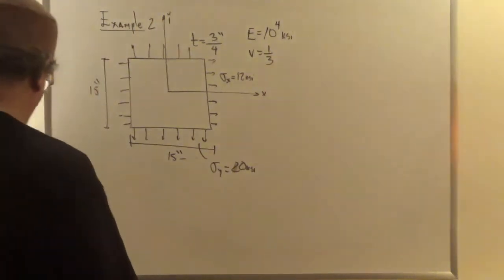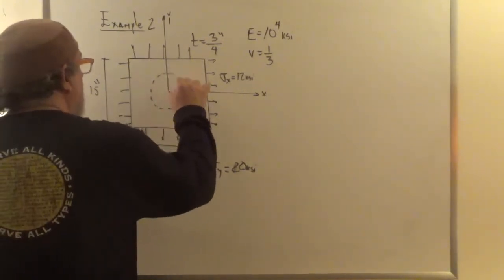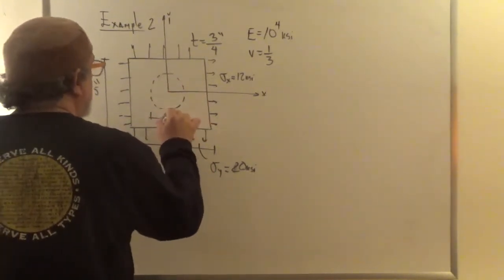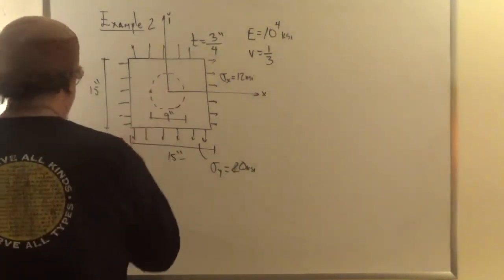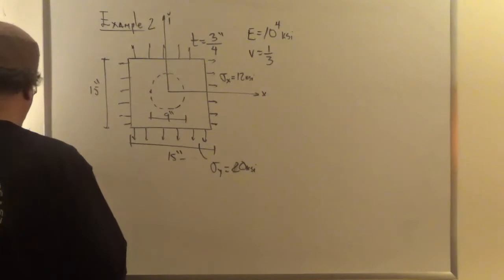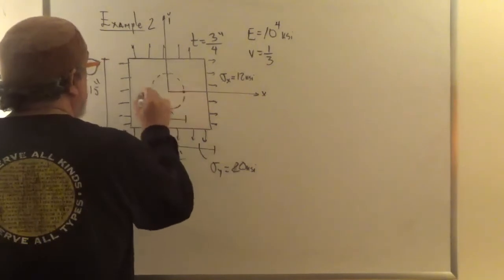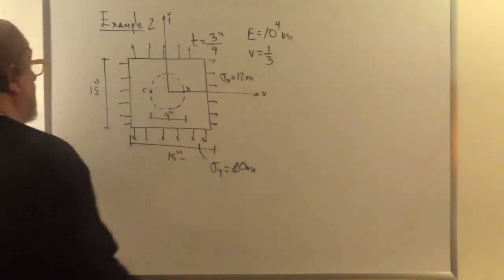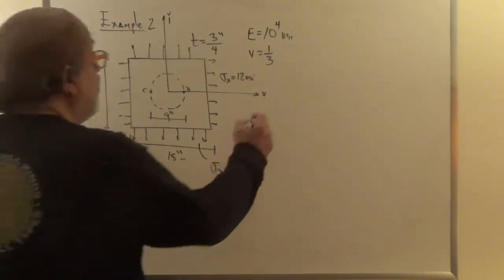First, we want to draw a circle here, which is 9 inches in diameter. Let's say that the diameter of the circle goes from C to D, for example. So the question we want to answer is, how much longer does CD get due to that loading?